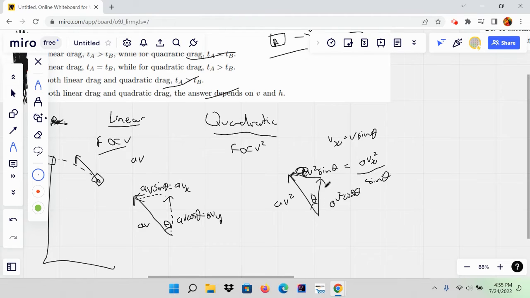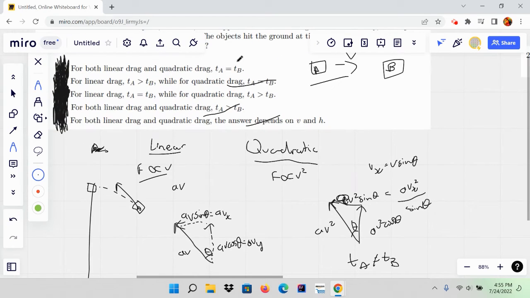And theta will depend on your relationship between your vertical and horizontal components. So for quadratic, as you can see, the forces in your vertical and horizontal parts depend on both of the components, not just one. So they aren't independent. As a result, TA will not equal TB. And so we can cross out answer choice A and we're left with answer choice C.